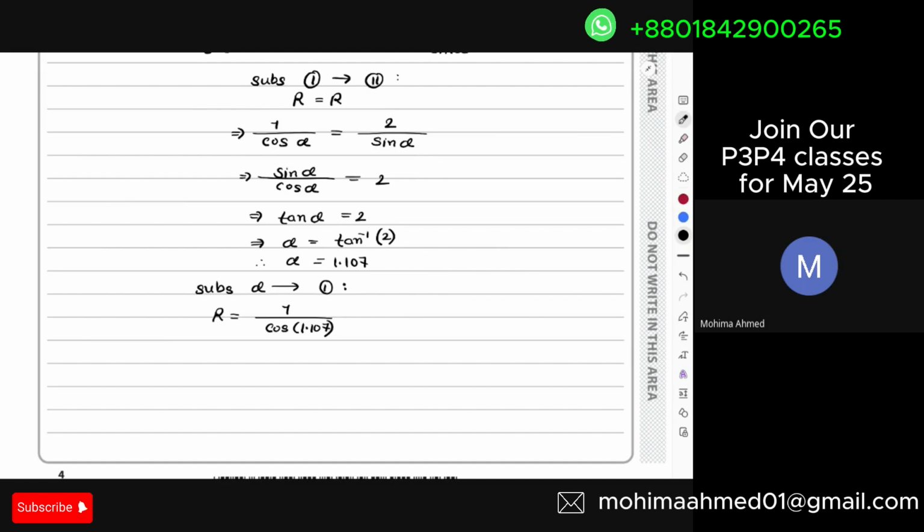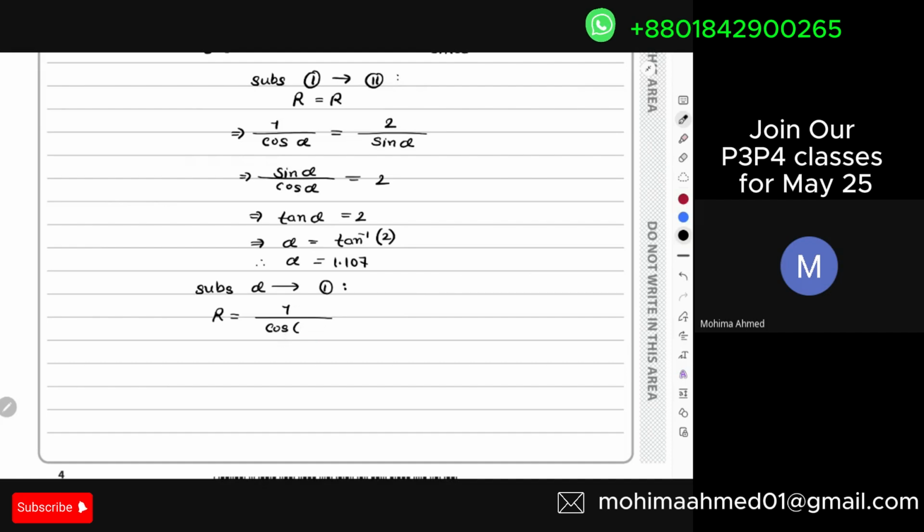This is the exact value of root 5, actually. If you calculate cos of tan inverse 2, tan is sine by cos, so the cos terms cancel out. I just have to carry out the exact value, and that will give you the exact value of your r.